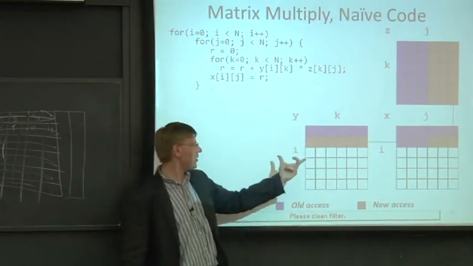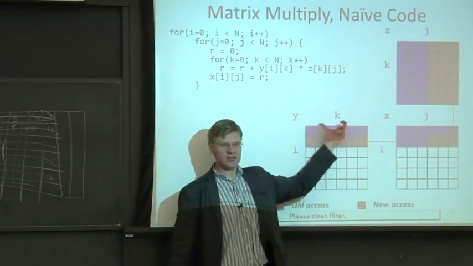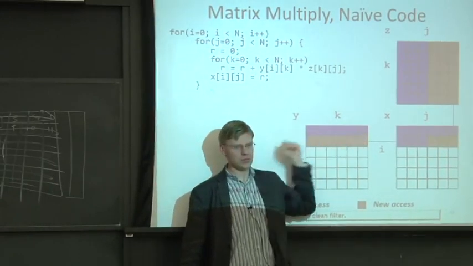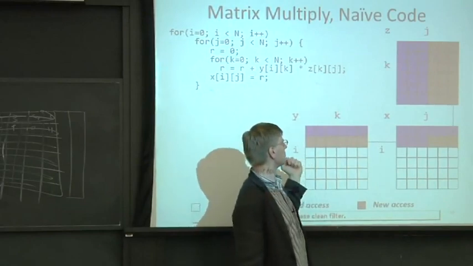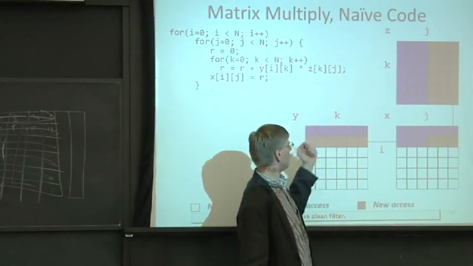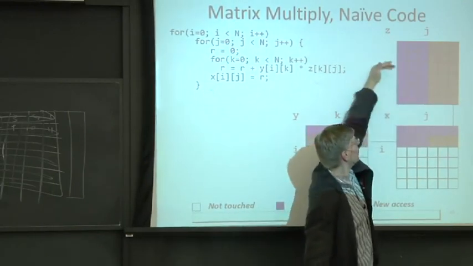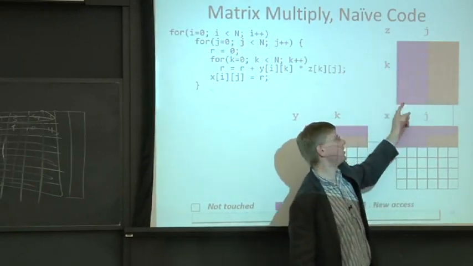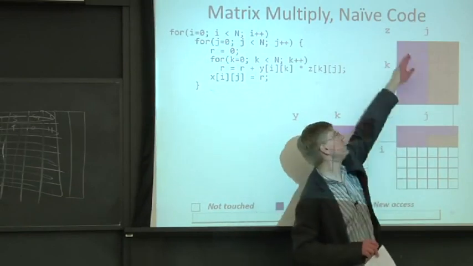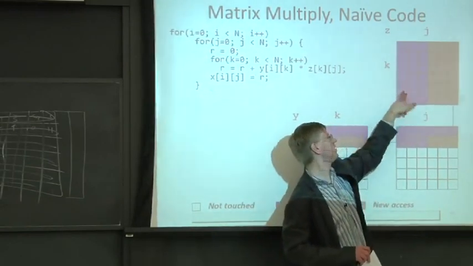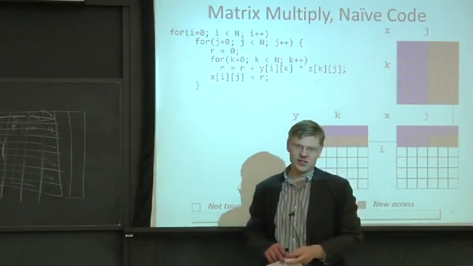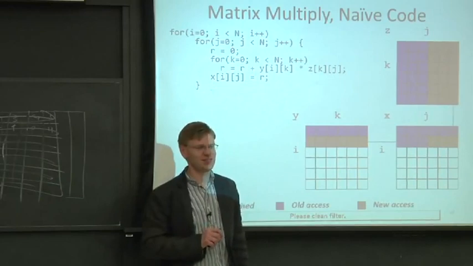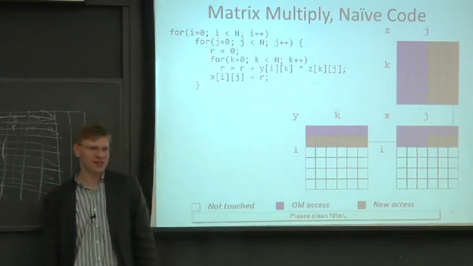So when we go to this multiply, we basically have to bring in 2 lines for this 1 row. And then over here, if cache lines are arranged this way, as we go down this column, we're bringing in different cache lines and only using 1 value out of that cache line. Well, that's not super great.